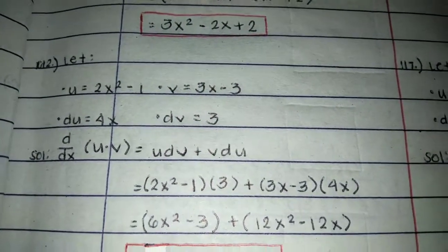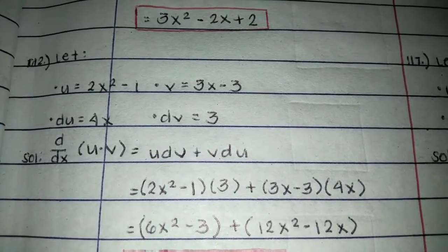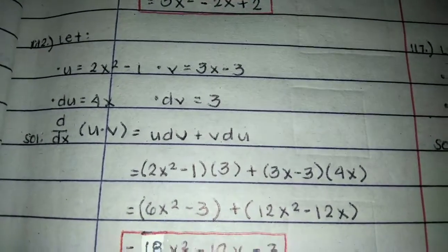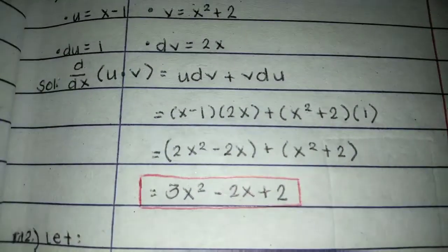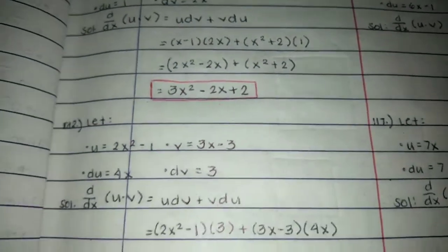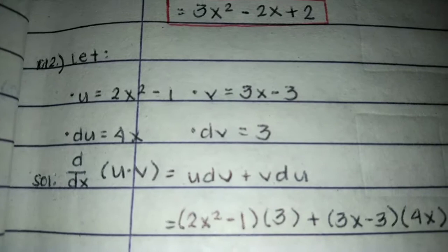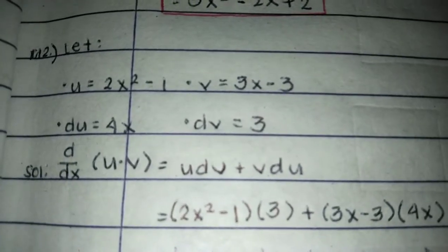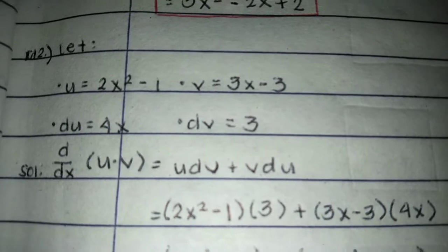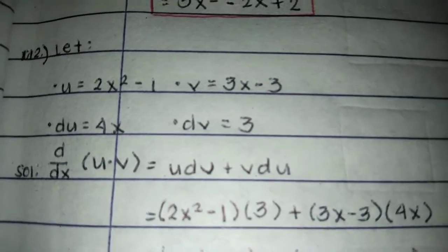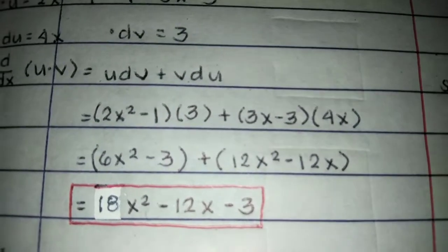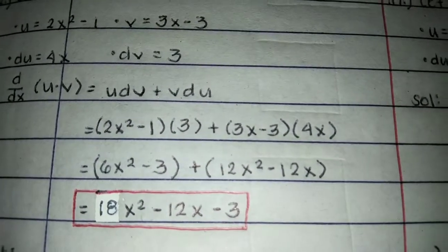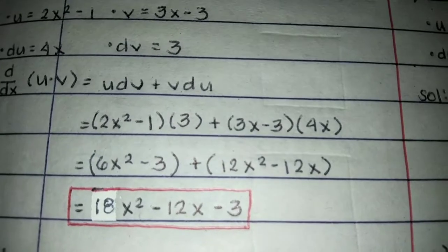Next example is find the derivative of 2x squared minus 1 times 3x minus 3. Same process as we did in the first example about product rule. The value of u in this example is 2x squared minus 1, and the value of v is 3x minus 3, and its derivative is 3, and the derivative of u is 4x. Going to the equation, u dv plus v du, we're going to simply substitute the values.